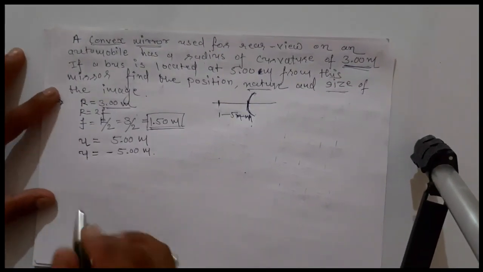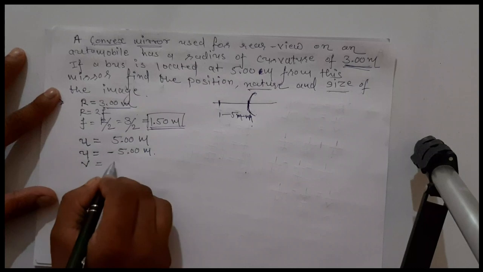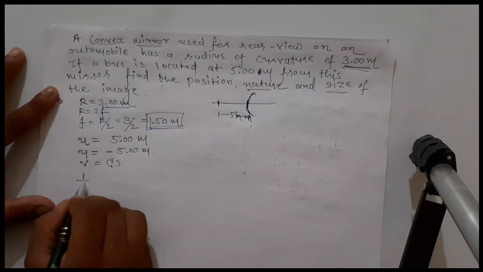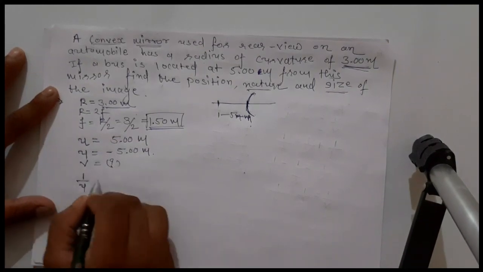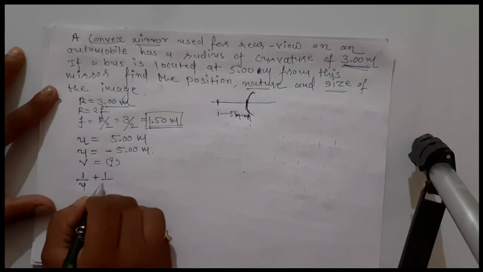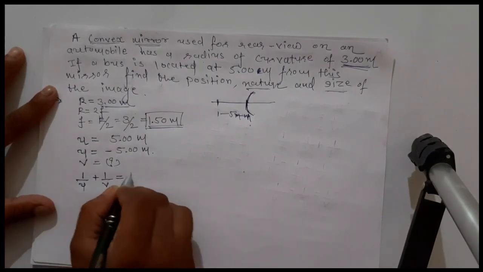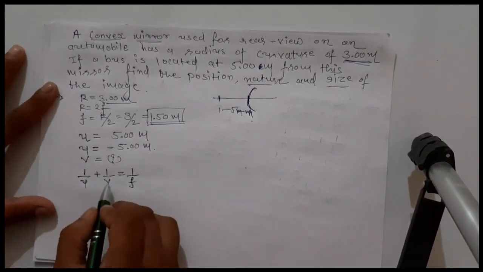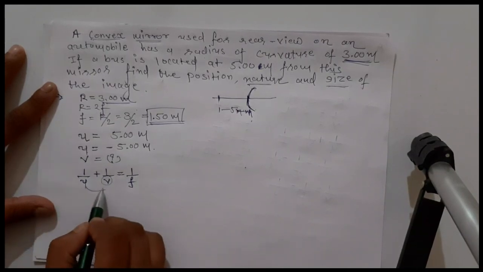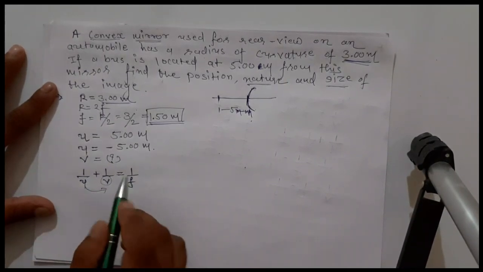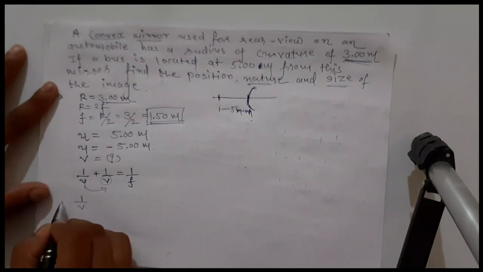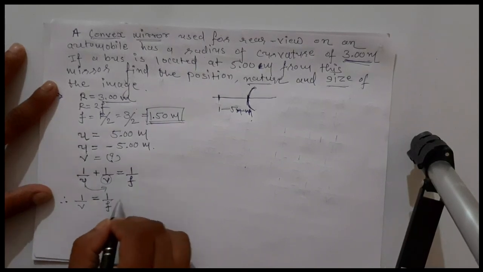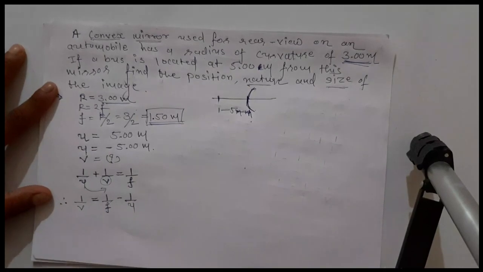Now let's try to solve it. First we have to find out v. We are having a mirror, so we can use the mirror formula: 1 upon u plus 1 upon v is equal to 1 upon f. We know this. Now we want v, so we will take 1 upon u to the right hand side. So we will get 1 upon v is equal to 1 upon f minus 1 upon u.